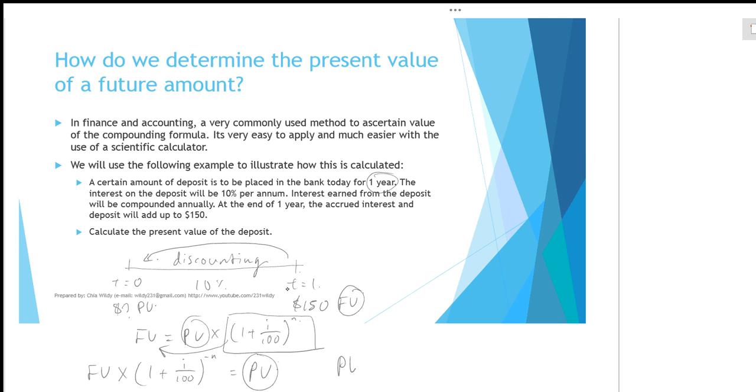So the present value of this 150 should be equal to 150 multiplied by (1 + 10/100) to the power of, in this case, 1, because it's a 1 year period, right?